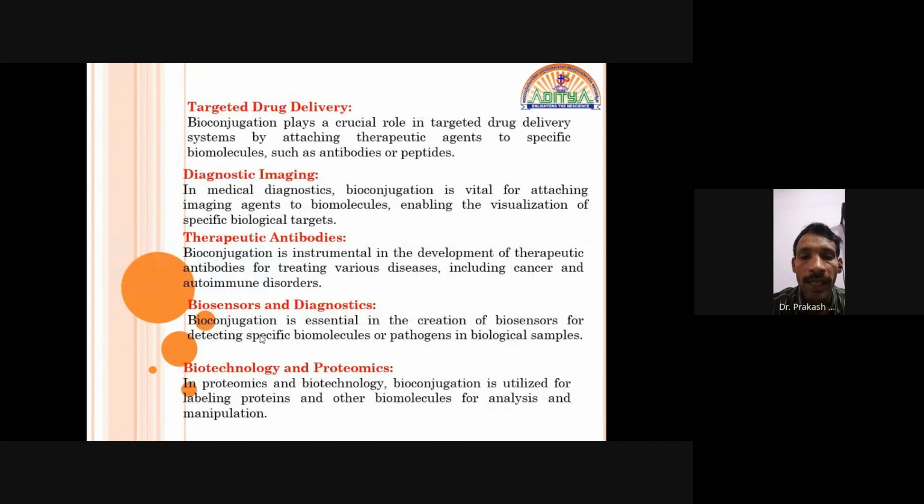Targeted materials and diagnostic therapeutics: these are very targeted products we are going to prepare with the help of bioconjugation. Therapeutic antibodies are also involved in the reactions. Bioconjugation is instrumental in the development of therapeutics and in treating various diseases, including cancer and autoimmune disorders. So, next slide.